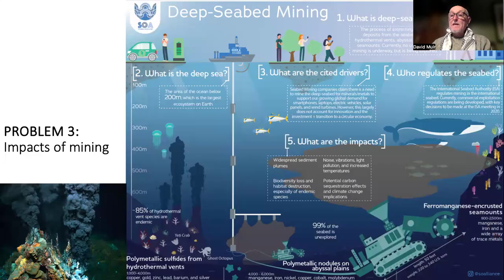And these seamounts are beginning to be exploited as well for their minerals. So there's a lot of interest, of course, in getting down there and using new technologies like robot-propelled scrapers and dredgers, etc., and then bringing the stuff to the surface and processing. But there are major problems associated with this.